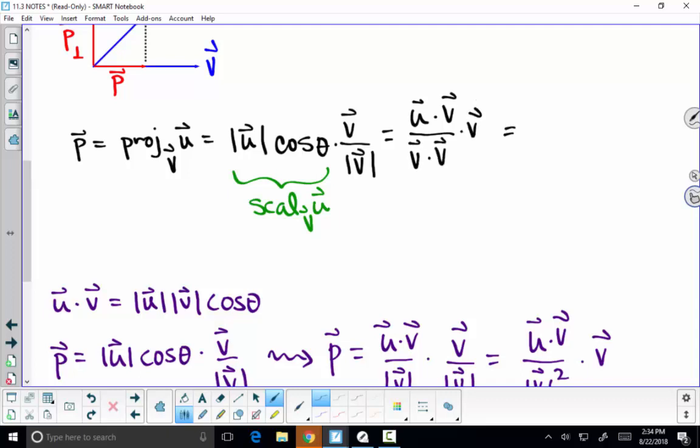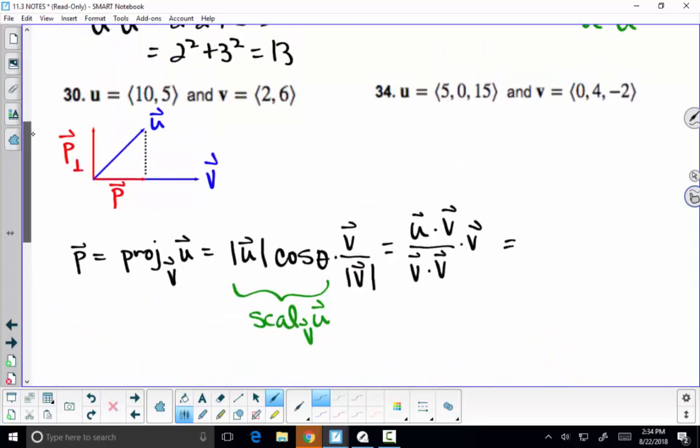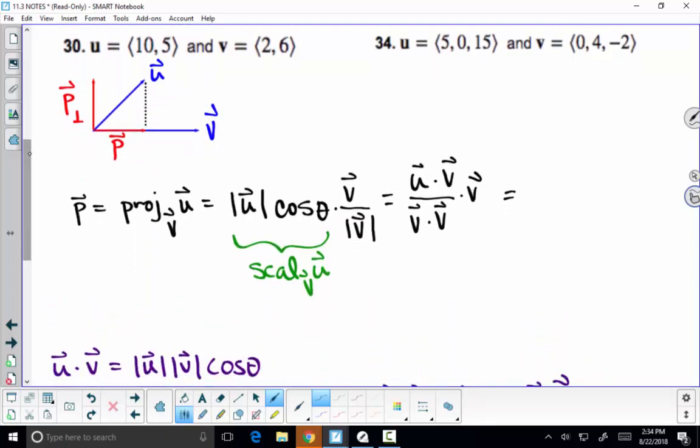For this one, with our components of u and v, what would u dot v be? 20 plus 30, does everyone agree with that? We take the corresponding components, multiply, and we get 20. Take the y components, or the second components, multiply, and get 30.